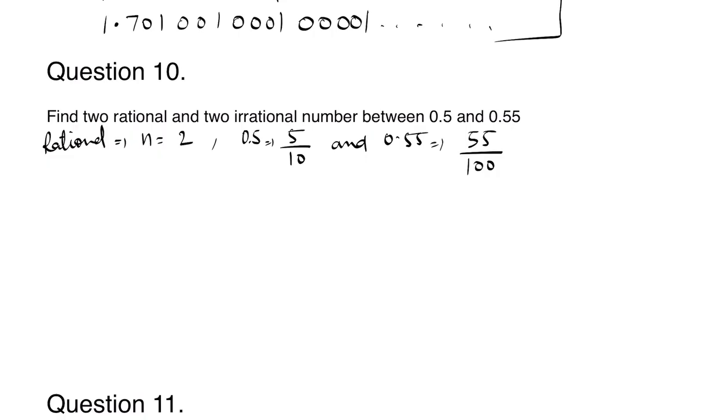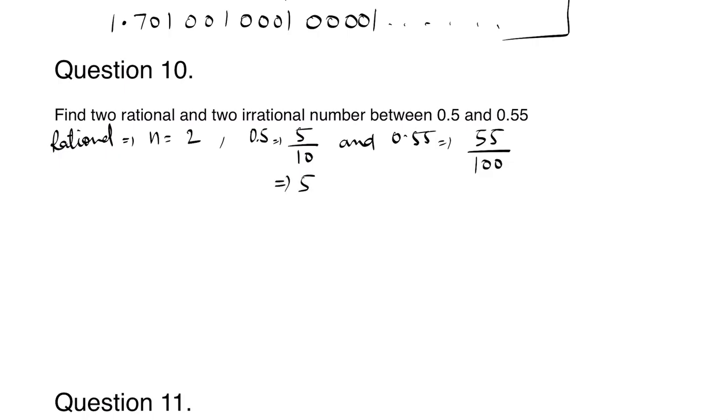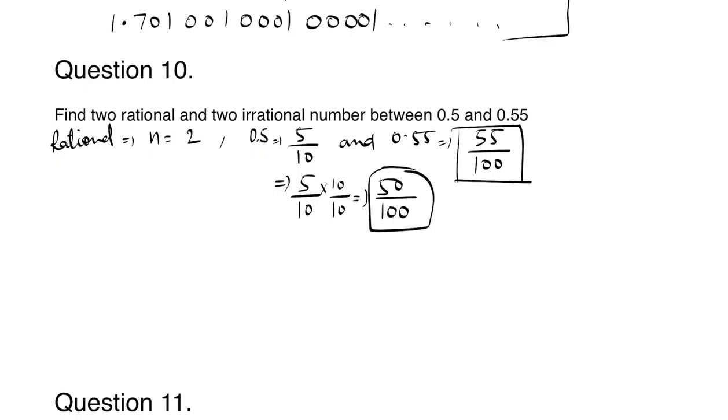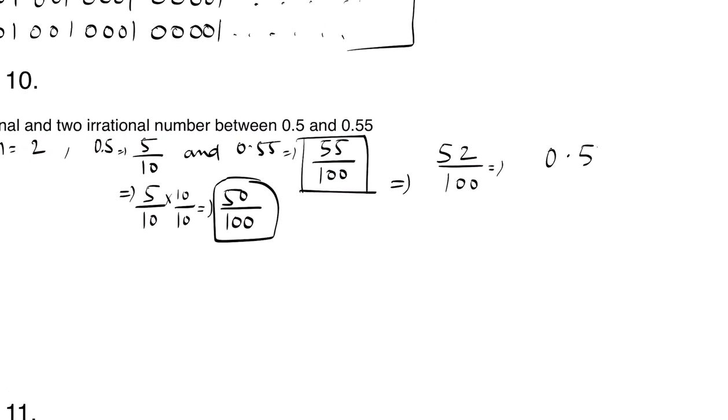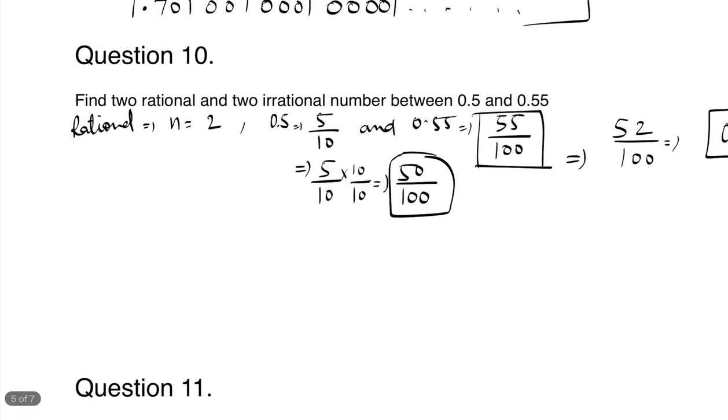For making the denominator the same, we will convert this into 50 upon 100. So any number between 50 and 55 is a rational number between 0.5 and 0.55. Okay, so you can write 52 upon 100, which is equal to 0.52. This is a rational number between 0.5 and 0.55.